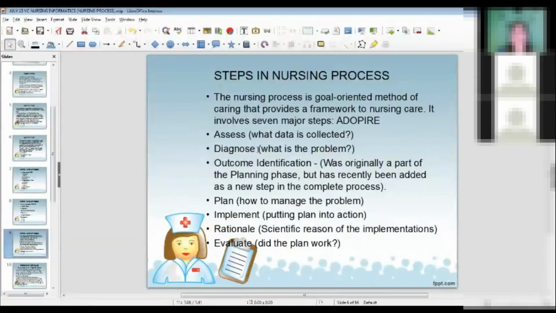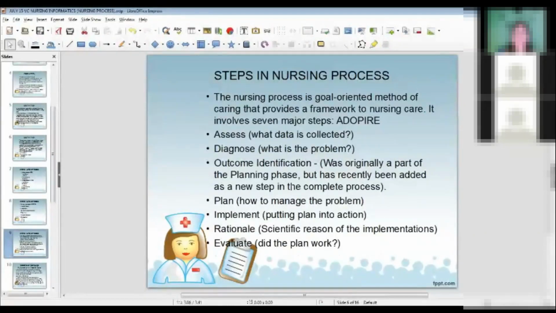Again, when we formulate our nursing diagnosis, we follow the PES format. P is for problem, E is etiology, so what is the cause of the problem, and S is signs and symptoms.